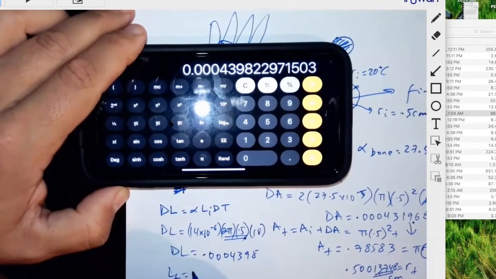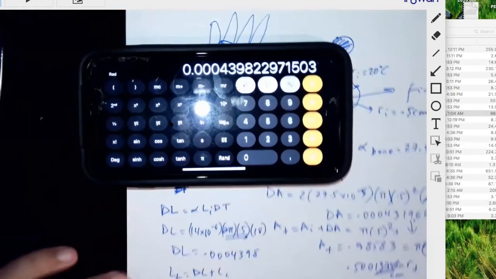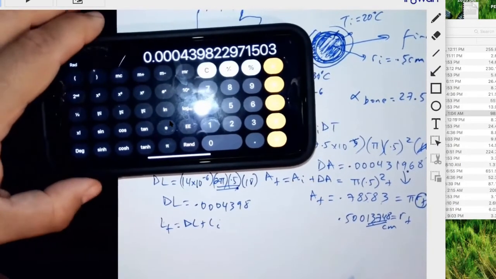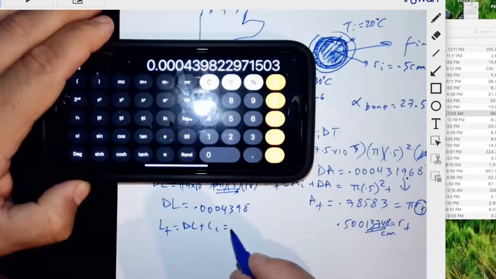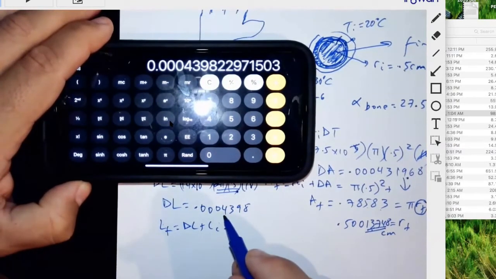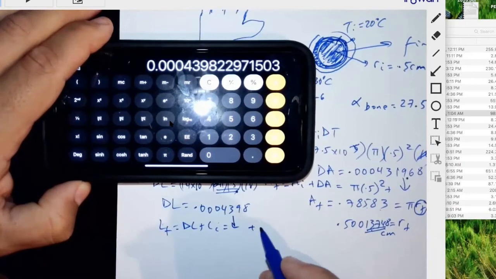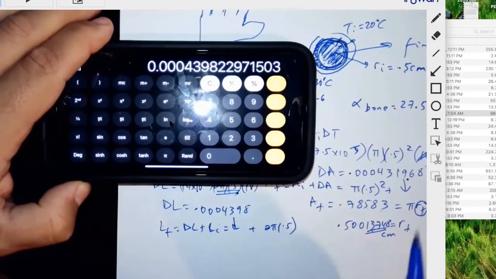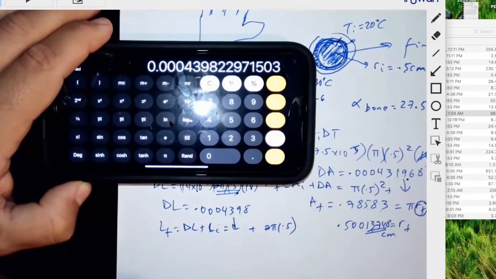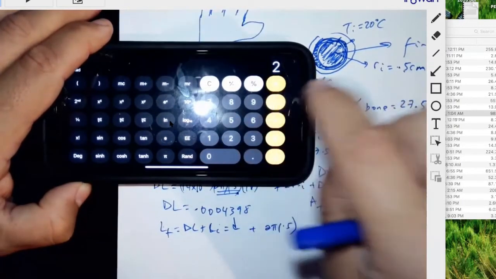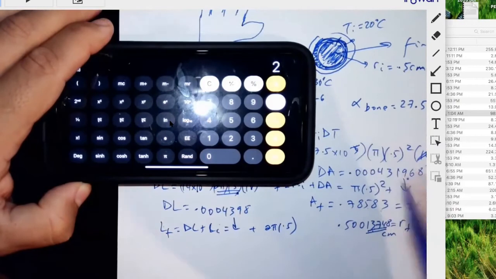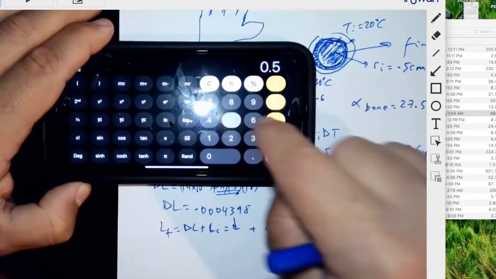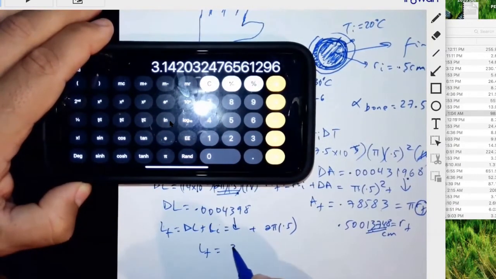Then L final is going to be delta L plus L initial, the same steps as before. So delta L, this number, plus L initial, which is 2 pi times 0.5. So L final is 3.14203247.